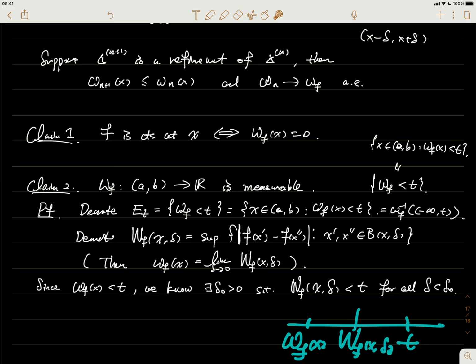So for delta small enough, since as delta goes to 0 the capital W goes to the little Wf, you can choose delta_0 sufficiently small such that for all delta less than delta_0, this capital W_f is smaller than t.